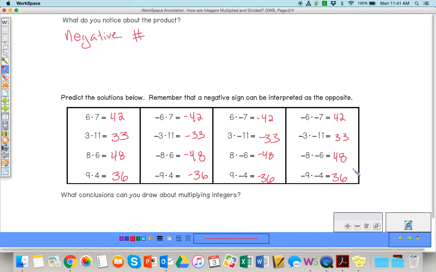I want you to think about it this way. When I was paying for my car, my payment was $140 every single month. So I had $140 coming out of my bank account every single month. Say my dad wanted to be nice and said, hey Tori, I'm going to pay your car payment for 6 months.